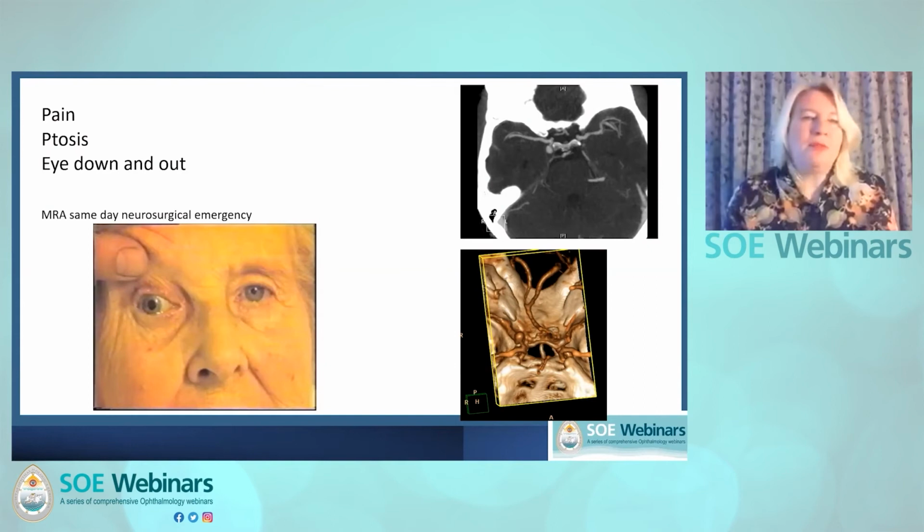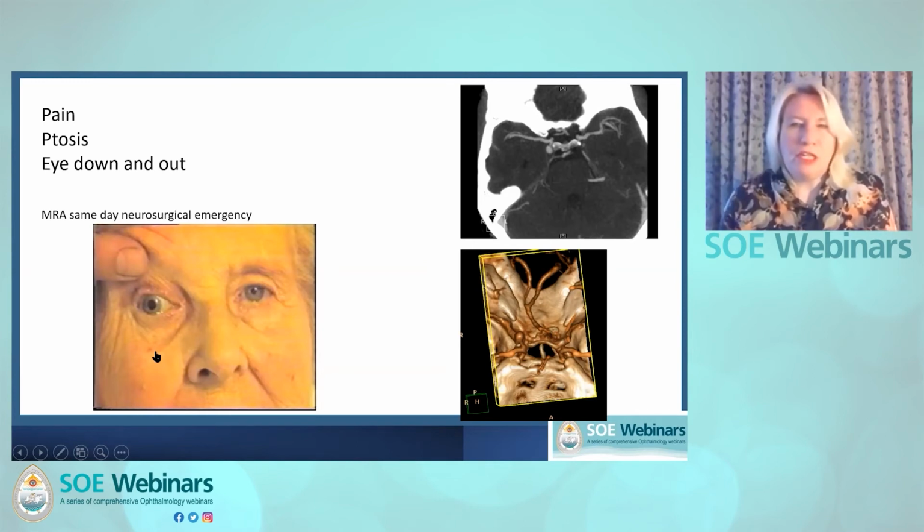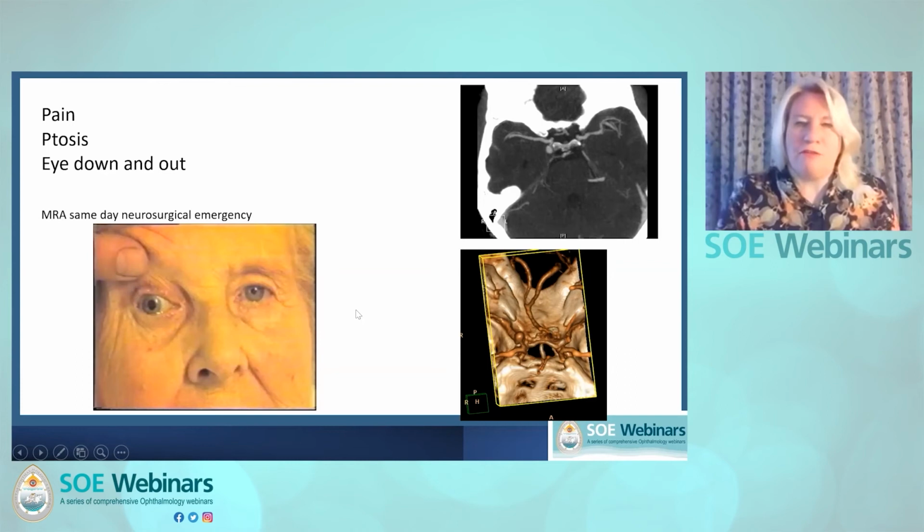These people often complain that they have power tools in their heads. And you can see from the picture here that if we lift her ptosis, her eye is classically down and out with a large pupil, and she has a third nerve palsy due to a posterior communicating artery aneurysm.